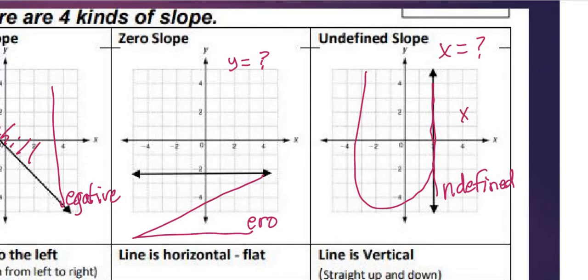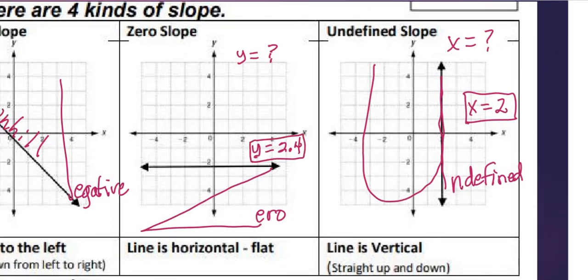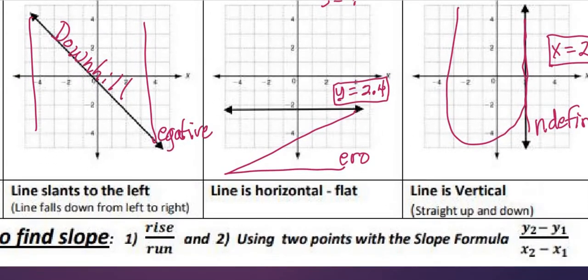This is x equals 2 if we had to give the answer. And this one would be y equals 2.4 if we had to draw the line. Now, these are the 4 different kinds of slopes.